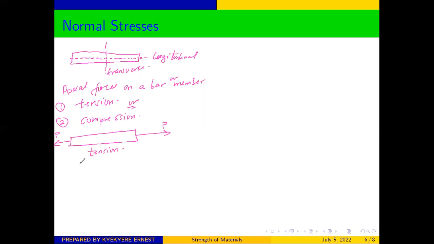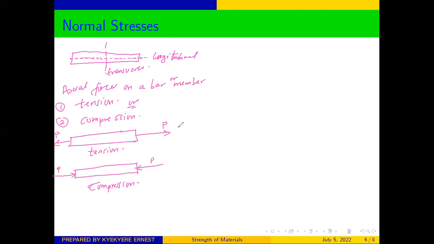And when we have our loading in this form, then we can say that our loading is in compression. Good. These are the two ways in which axial forces act on a bar or a member.